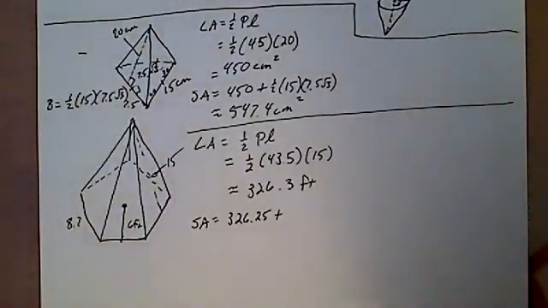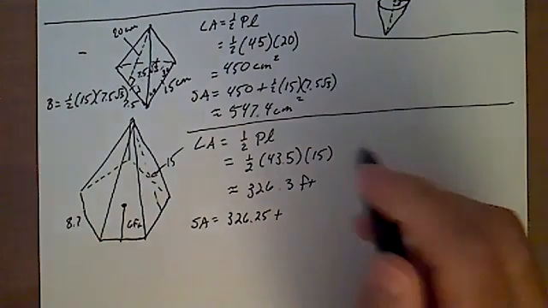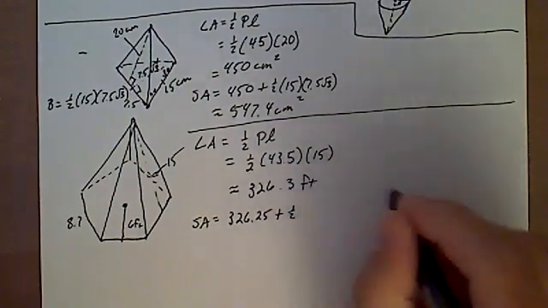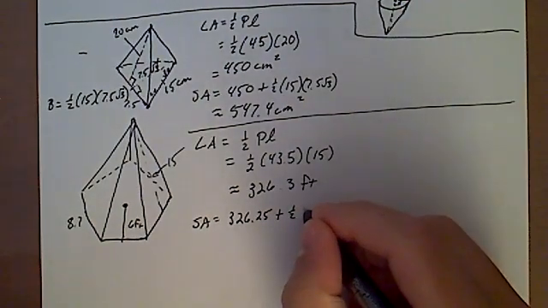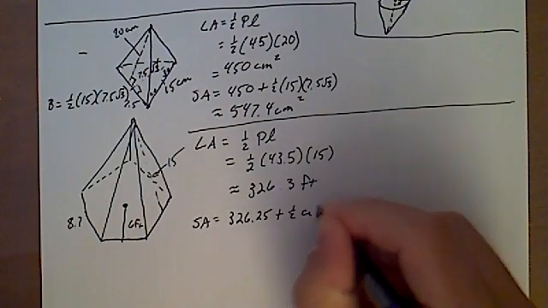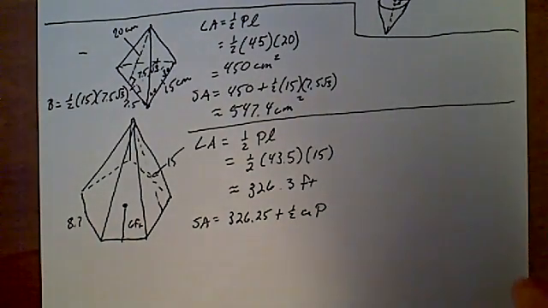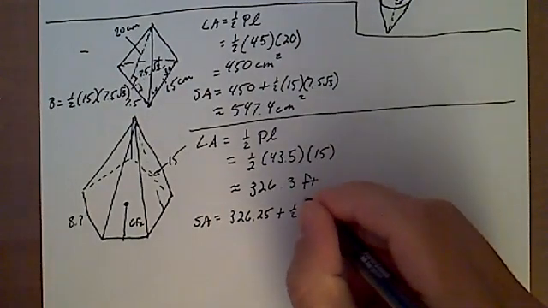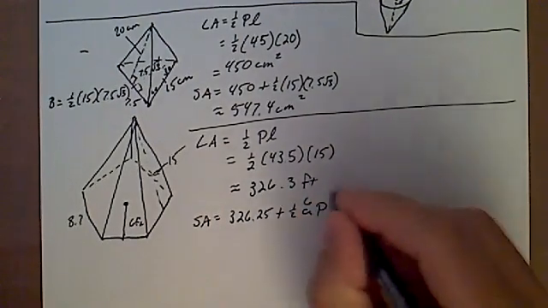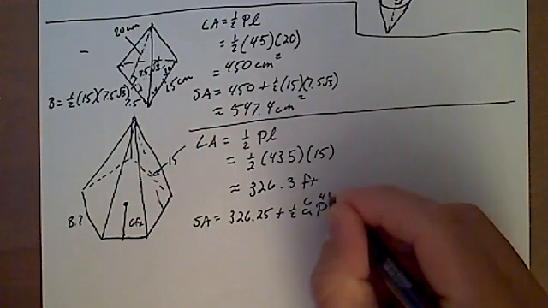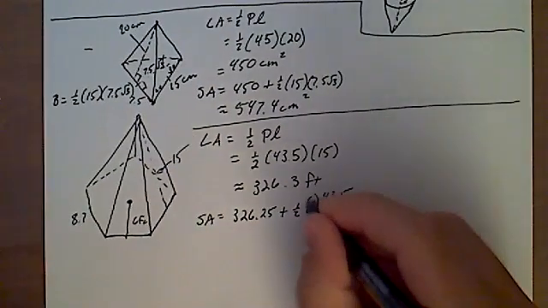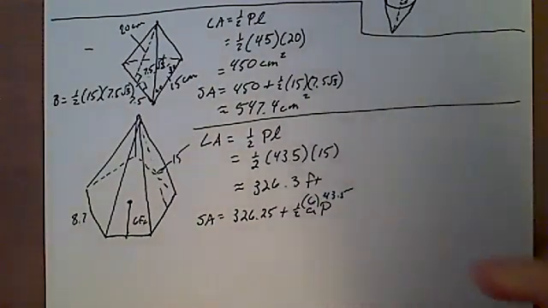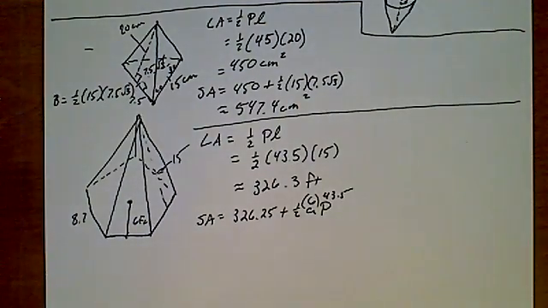Plus the area of the base. The area of the base is 1/2 the apothem times the perimeter, right? This is a regular pentagon. The apothem is 6, and our perimeter is 43.5. And so we should just add that to it.